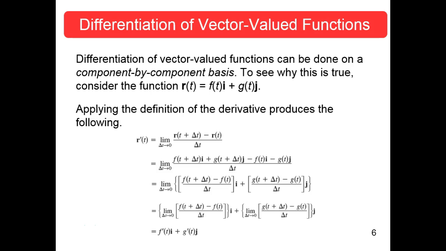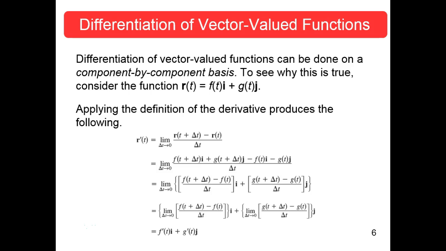The derivative of a vector-valued function is the sum of the derivatives of the component functions of each of the vectors. Hopefully just like you would expect, and really straightforward. Just take the derivative of f, that's the x component, the i component, and then take the derivative of g, that's the j component.